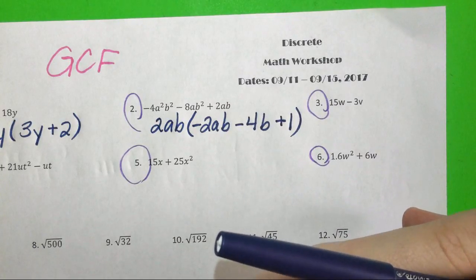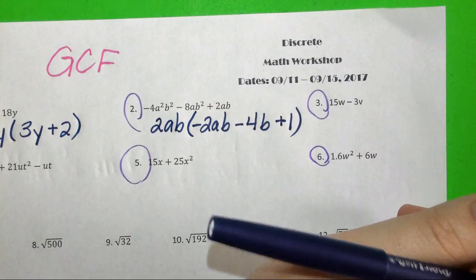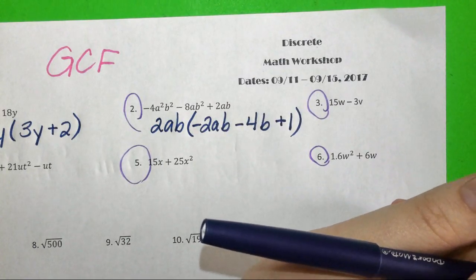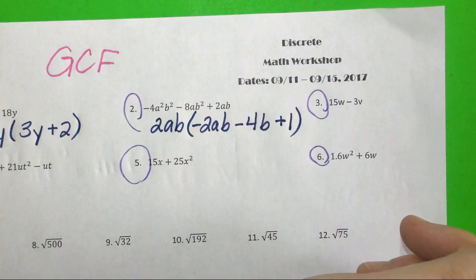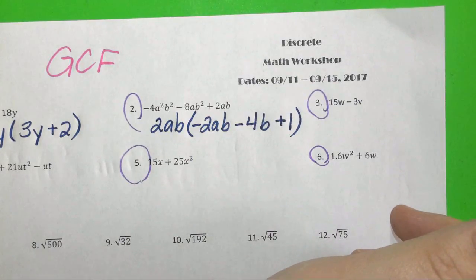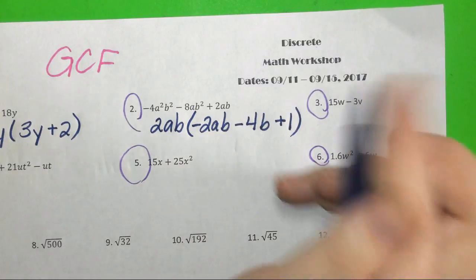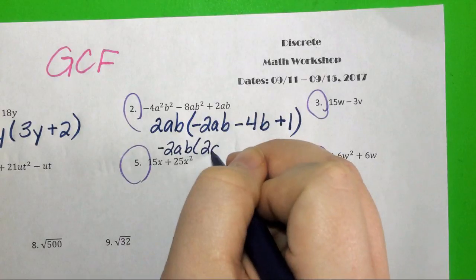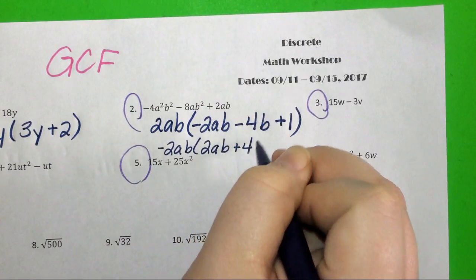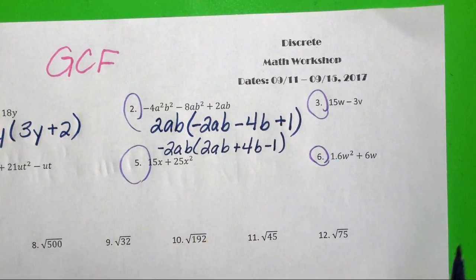Good. There was someone last period who asked exactly what Grant's about to ask. Oh, okay. Perfect. And you can have a point for Brittany answering the question. But anyway, if you wanted to pull out a negative 2ab instead, and you had all different signs, positive 2ab, plus 4b, minus 1, that's okay too.